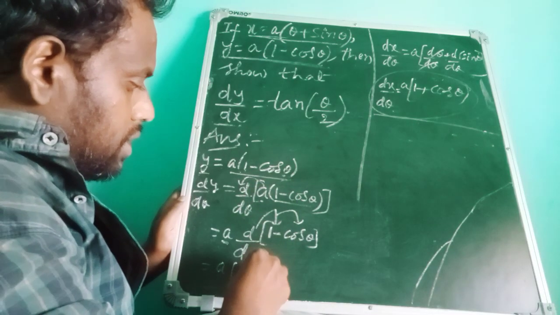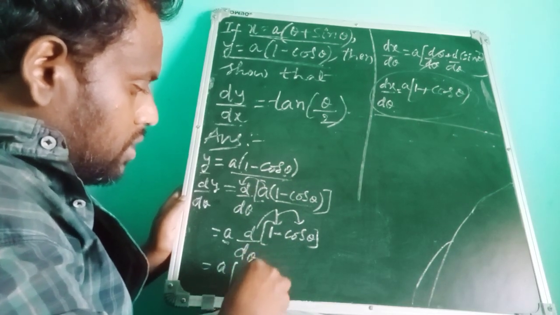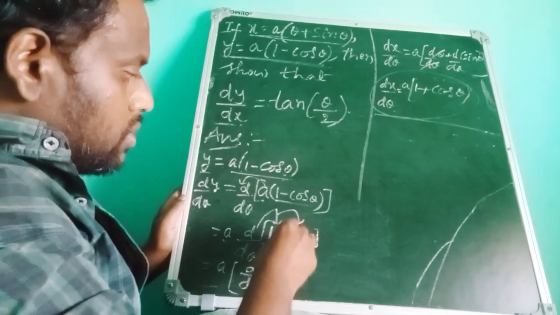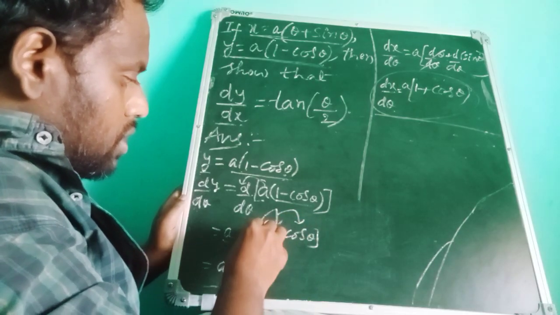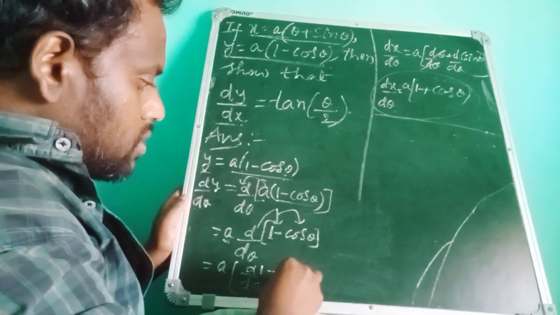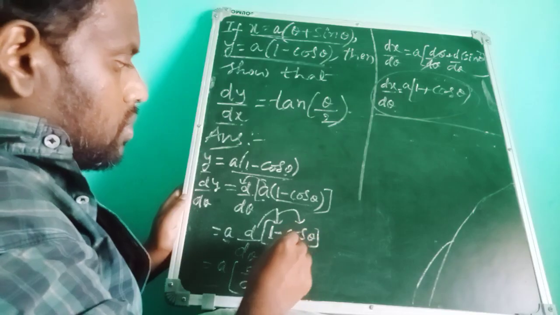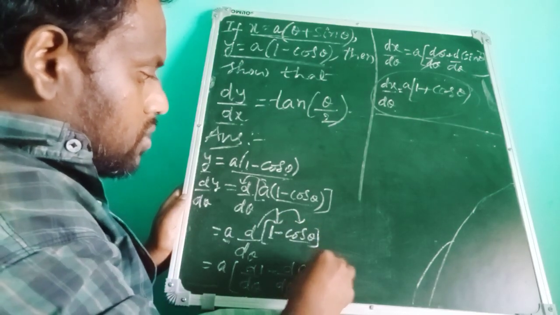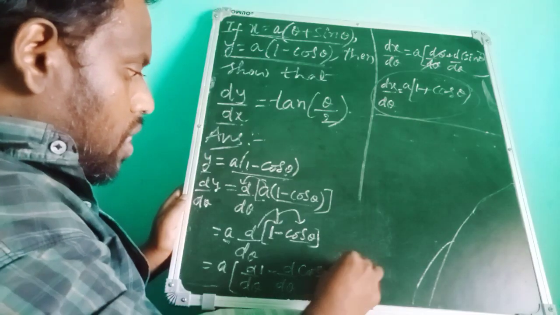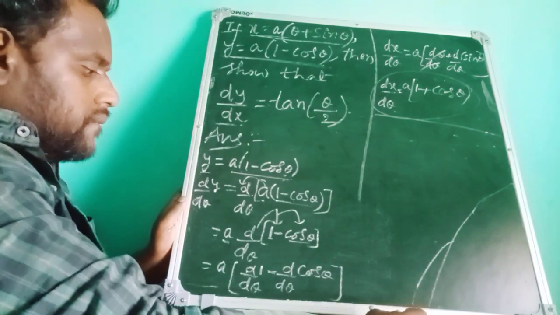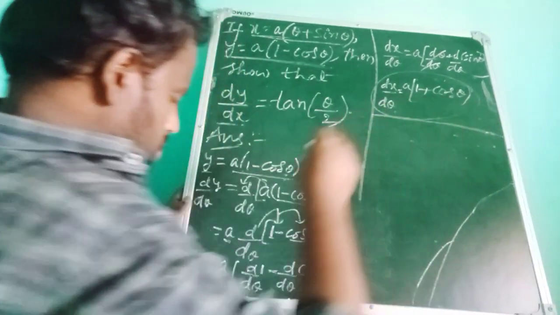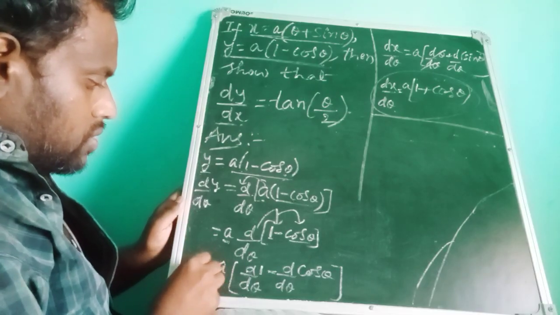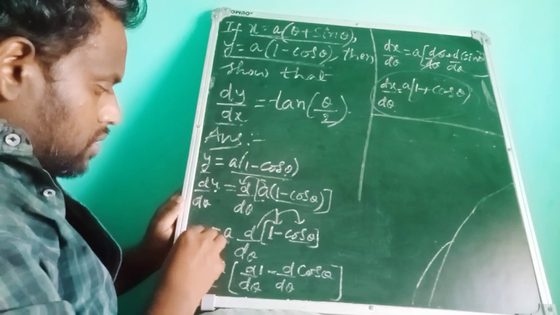Now, d by d theta: you write d by d theta of this one, next minus d by d theta, minus this, minus, I put here d by d theta of this one, cos theta. Okay, next I will write here. So this is dy by d theta.